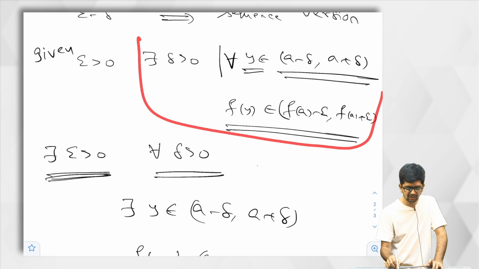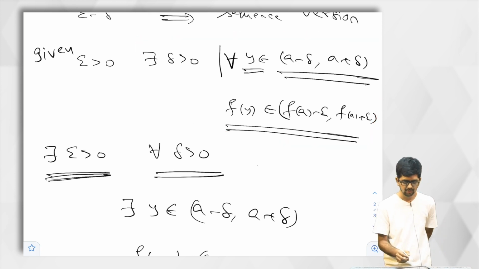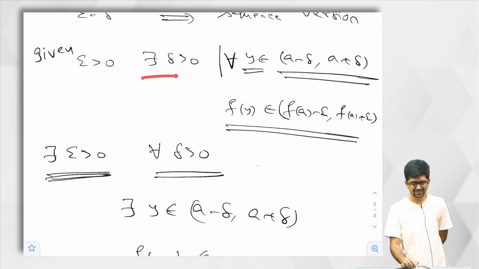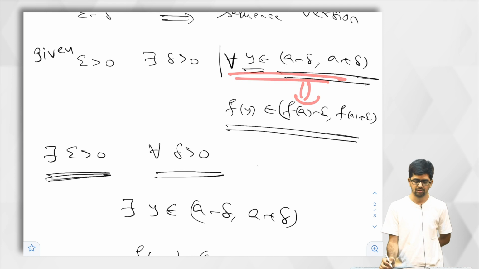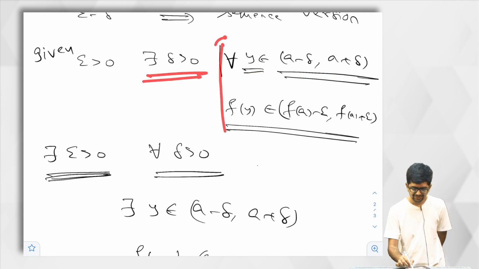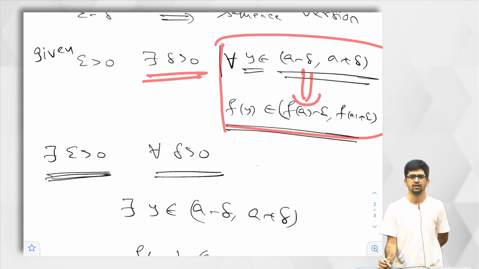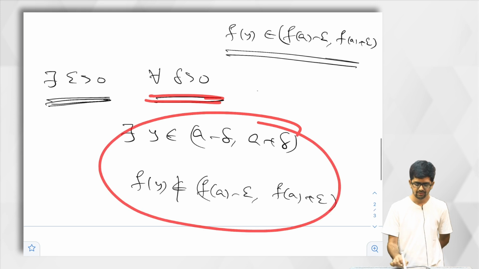Again, this is not happening. How do we write down the corresponding statement? There exists delta such that for every y this is true. What is the opposite of that? For every delta this is not happening. That's what I have written here. For every delta positive something is not happening.